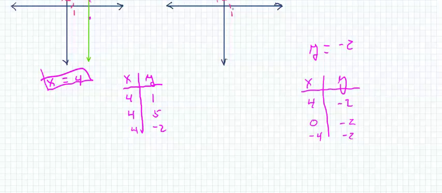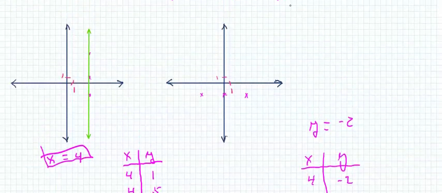So if x is 4, y is negative 2. If x is 0, y is negative 2. If x is negative 4, y is negative 2.